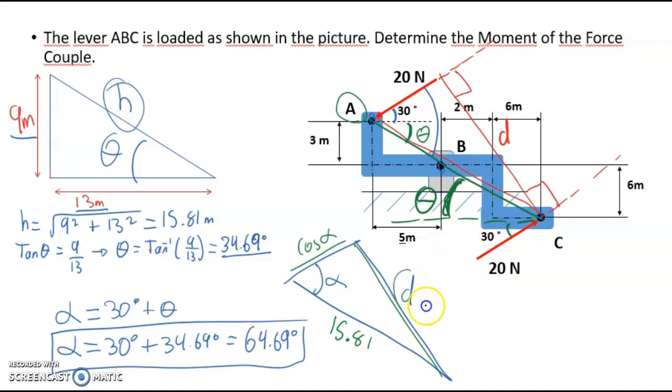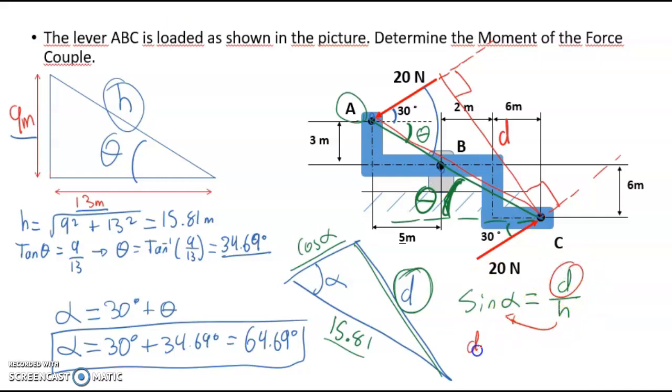So let's look for this d. We know sine of alpha is going to be equal to the opposite side divided by the hypotenuse. That means d over h. If we're looking for d, we just solve for it.